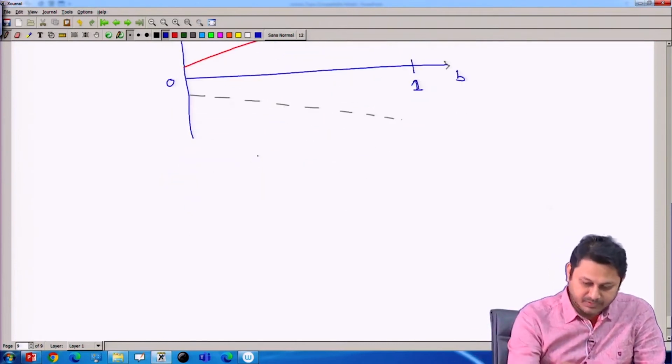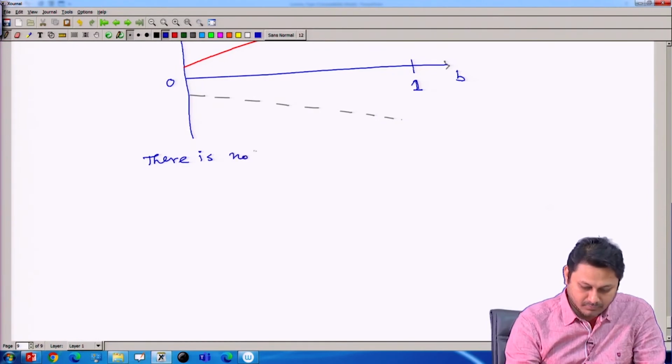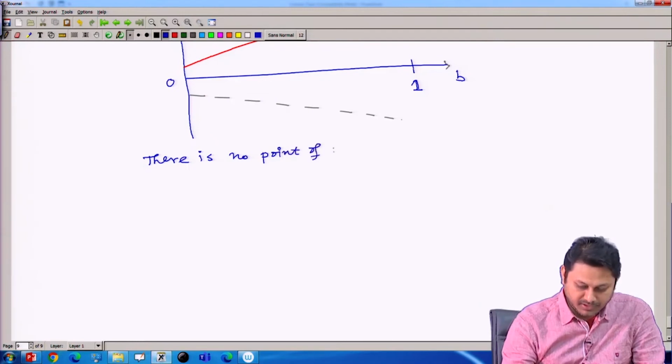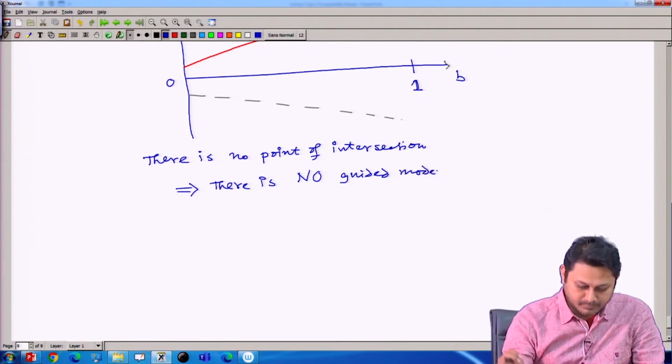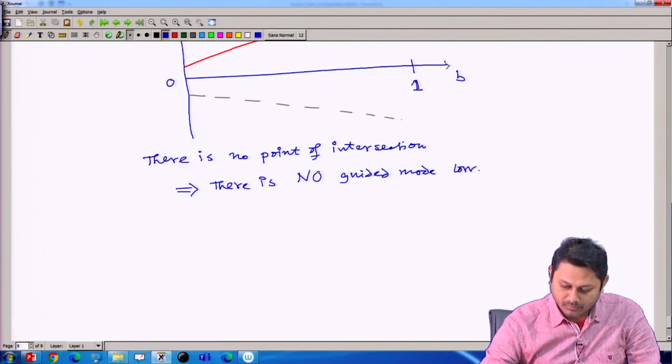So, the conclusion is there is no point of intersection, so that means there is no guided mode corresponding to L equal to 1.